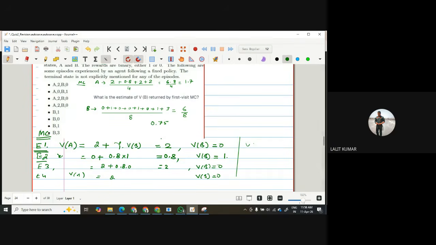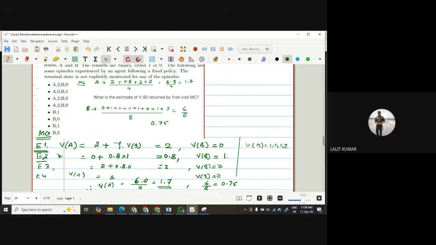And then VB values are 1, 0, 1 and 3. Therefore, Monte Carlo VA is equal to 6.8 divided by 4, which is 1.7. And VB will be 1, 2, 3, 3, 6 divided by 8, which is 0.75.